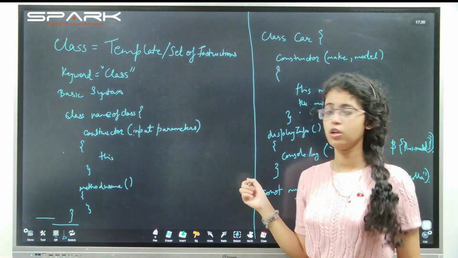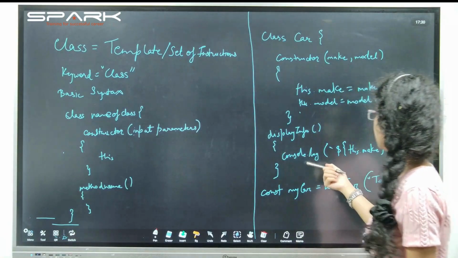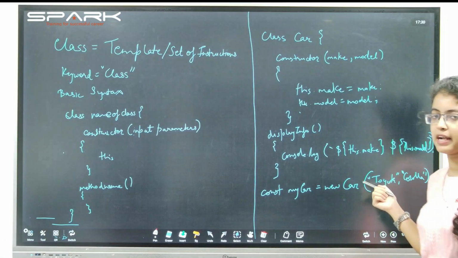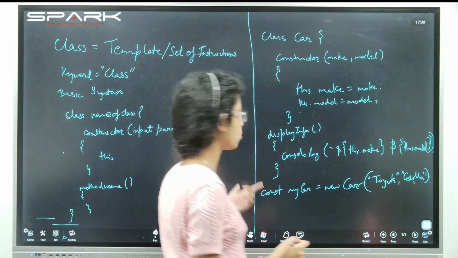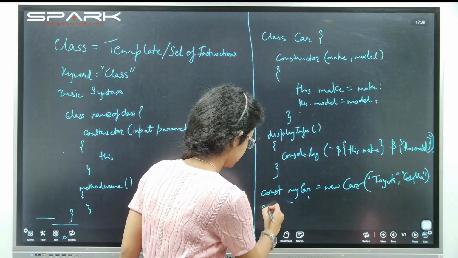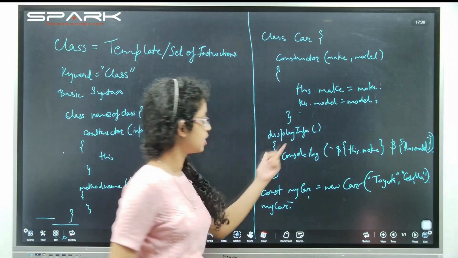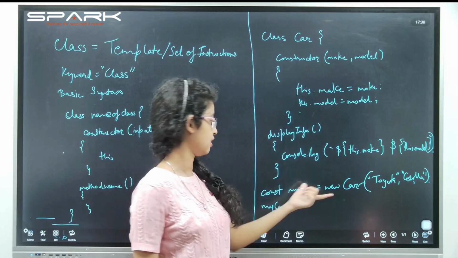Now we have to call this method to print the name of the brand and the name of the car. To call this method, I'm going to use the object myCar dot, and then call the method which we declared above inside the class.